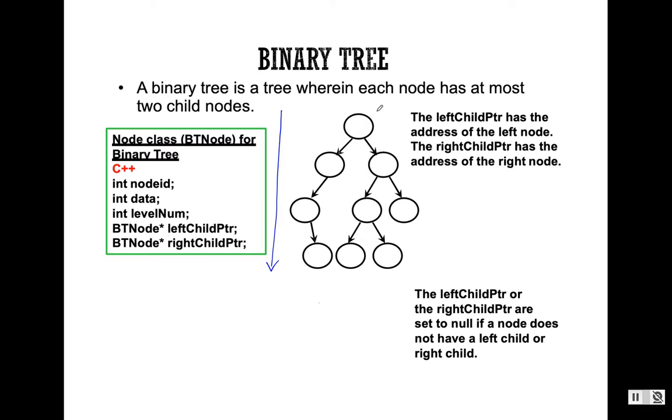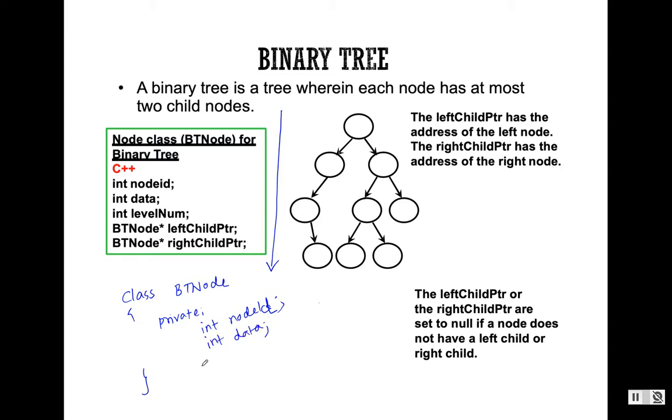So if we are going to write a class, let's say BinaryTreeNode, the member variables are going to be, first of all, an ID, and each node can also have a value, so data or value.